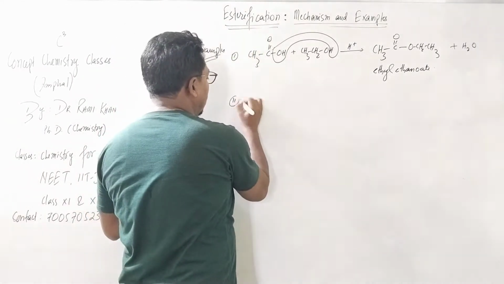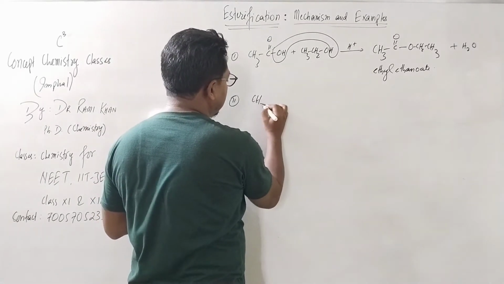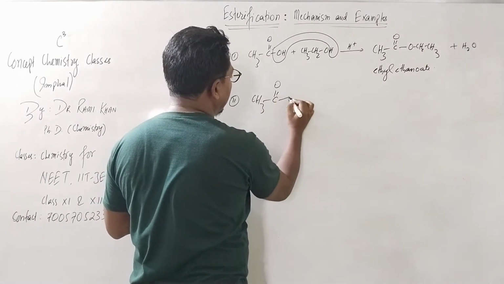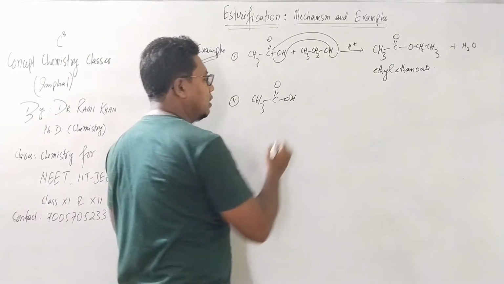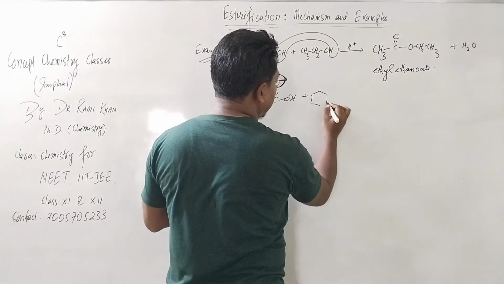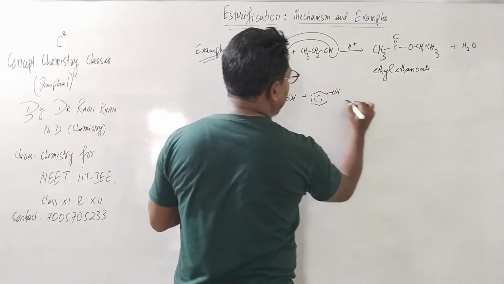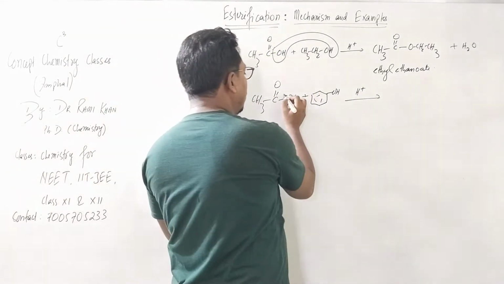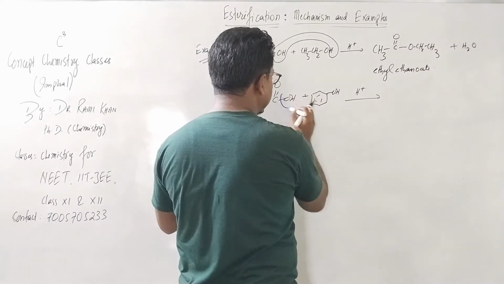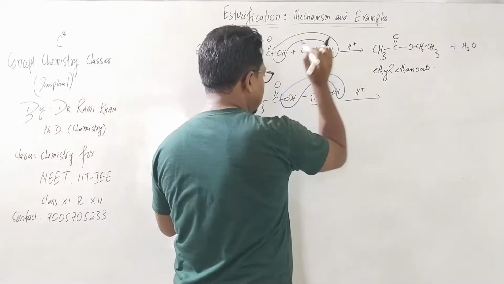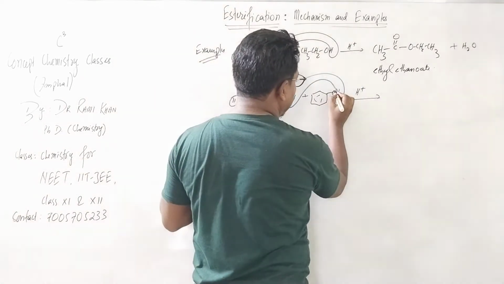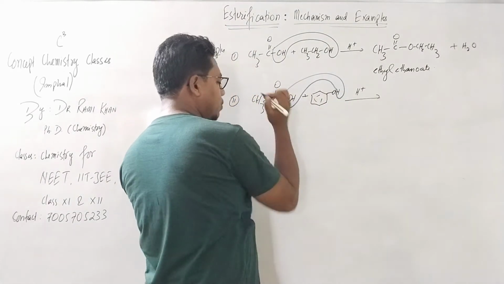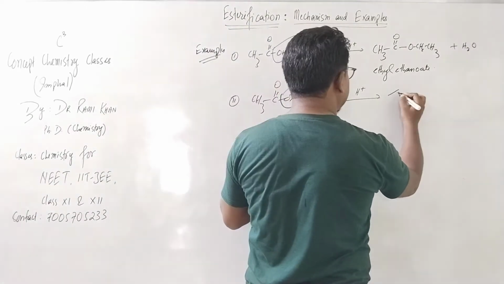Okay, so another example I can give, this CH3C double bond O OH. Again I am taking acetic acid, and if it is reacted with phenol in presence of an acid, so we will get water removed like this, and this phenoxide ion will be attached to this carbonyl carbon atom.